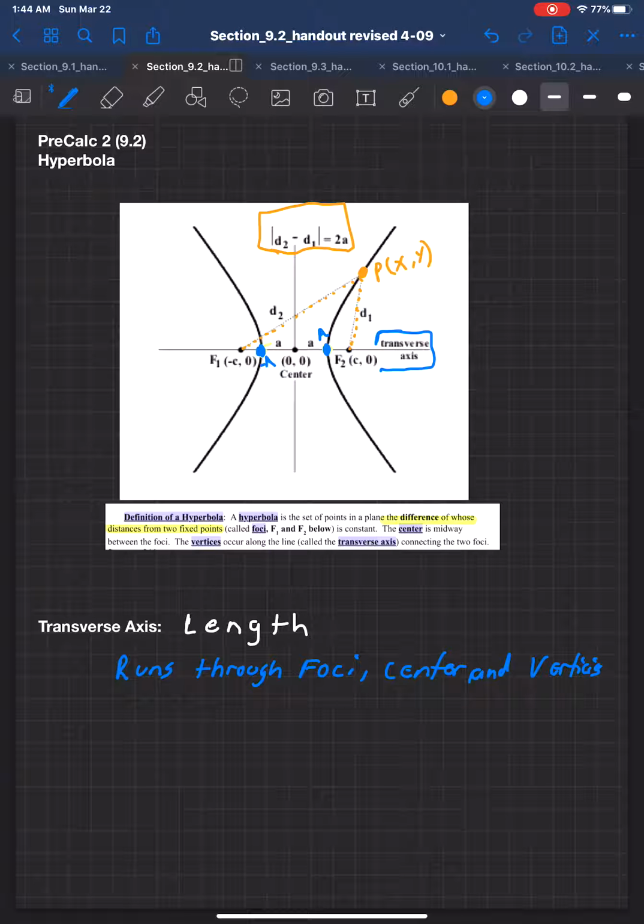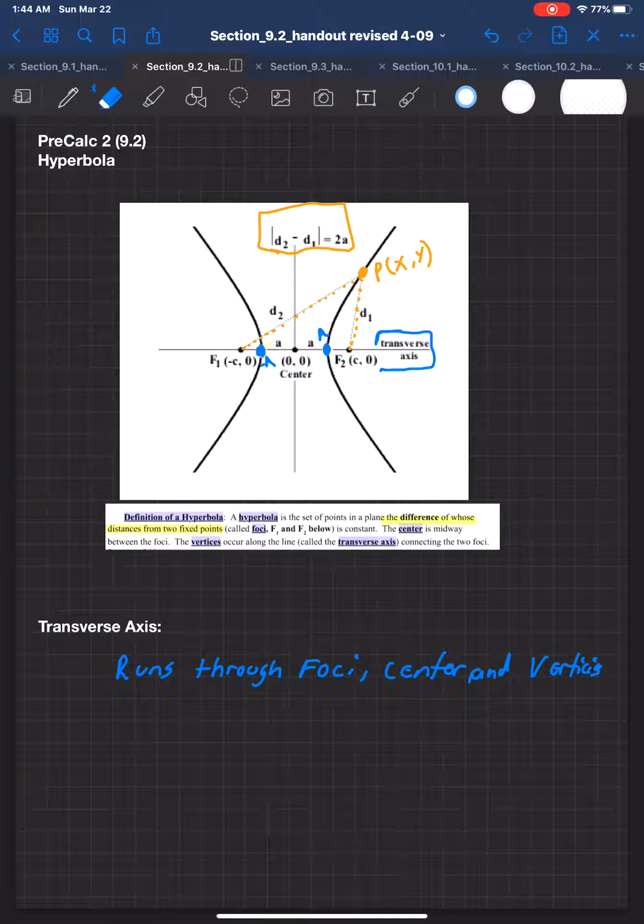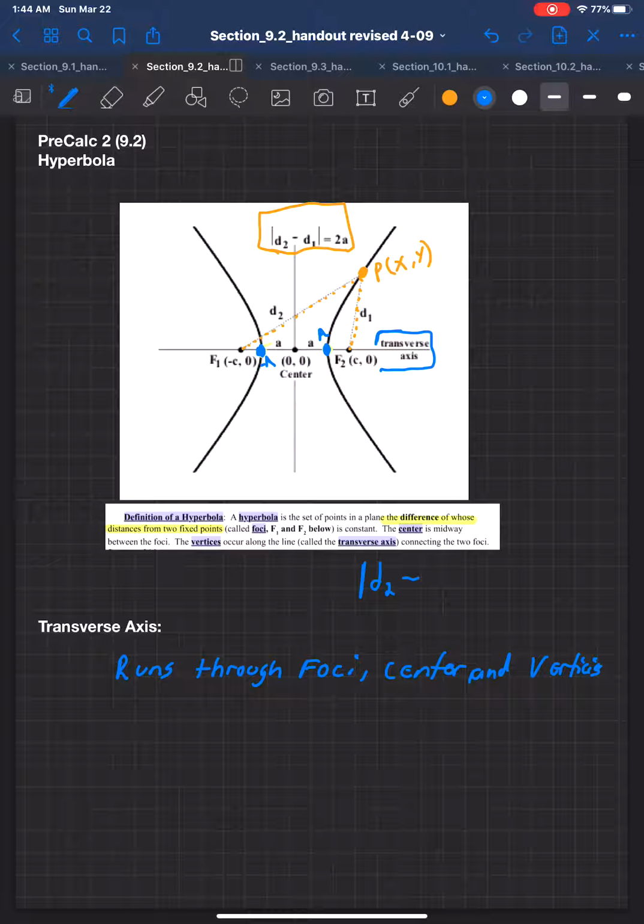The difference of the distances from the focal points: once I take the distance from one focal point to our point on the hyperbola, and notice that we're taking the absolute value of that difference, minus the distance from the second focal point to the point on the hyperbola, this remains constant throughout the movement of the particle.